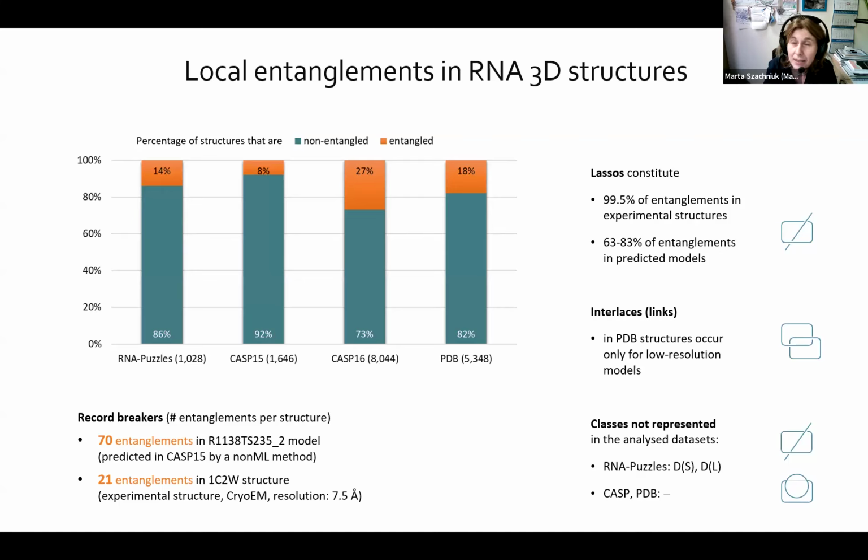Most of these entanglements are lassos. So if we say, okay, at least half of them are shallow lassos, these are not big issues here. However, we also find links, which are like between 20 and 40% of all the entanglements found in predicted models.